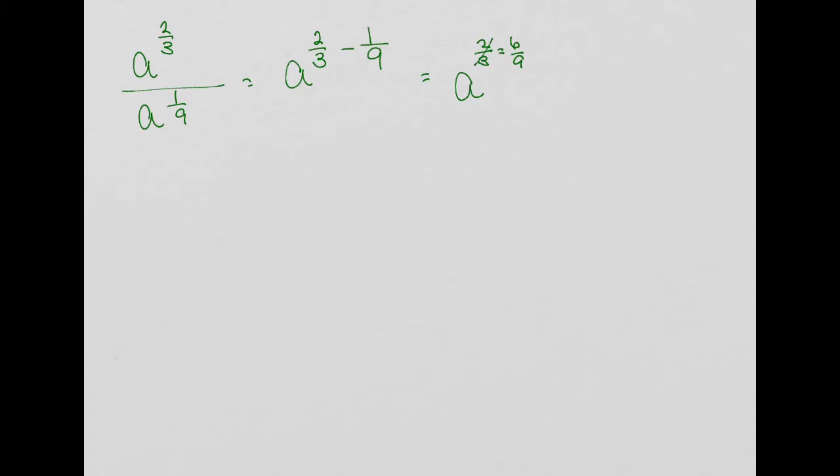So I'm going to have 6/9. And the other one's already 1/9. So I have a to the 6/9 minus 1/9. It's going to be a to the 5/9. So you're still following the same rules. You're subtracting the exponents when you're dividing. You just have fractions.